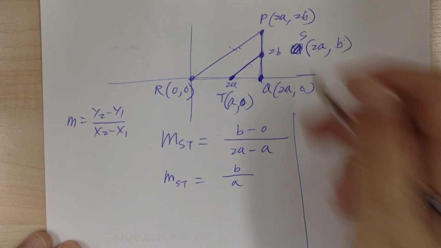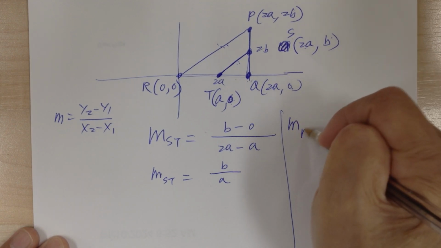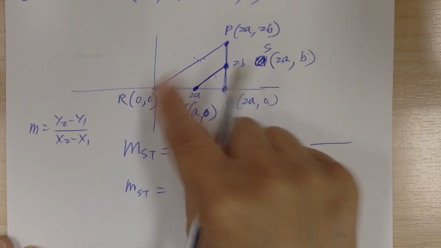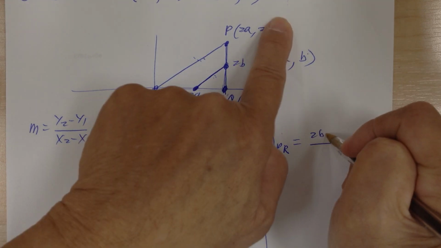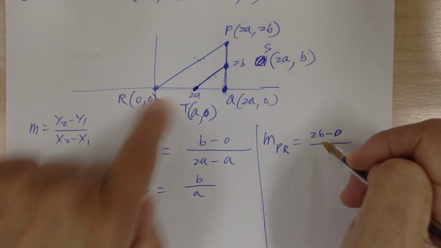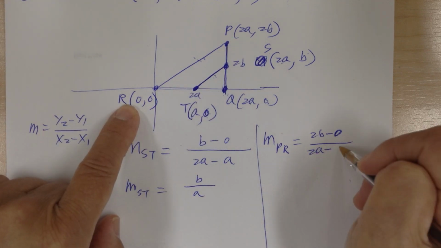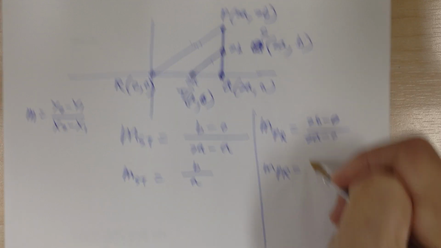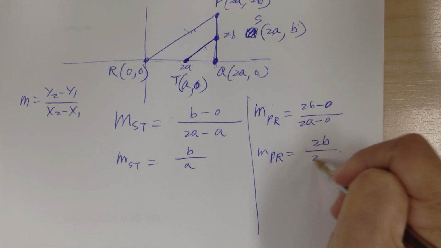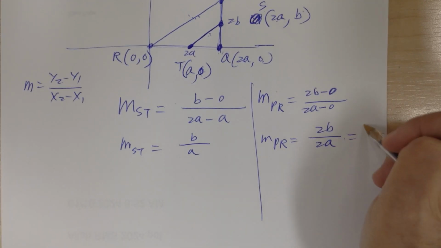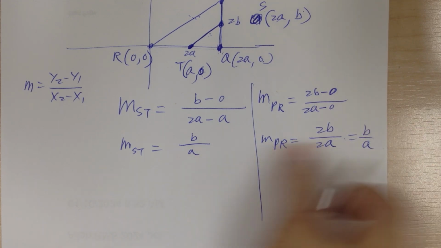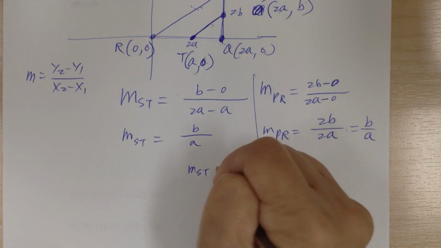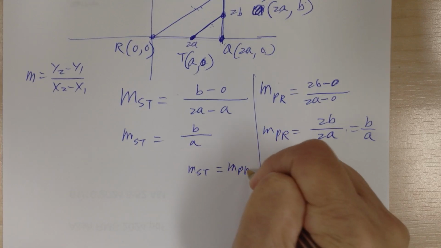Now we're going to do the slope of PR. So again, y2 minus y1 over x2 minus x1. So PR equals 2B over 2A, which equals B over A. Now since they have the same slope, the slope of ST is equal to the slope of PR.